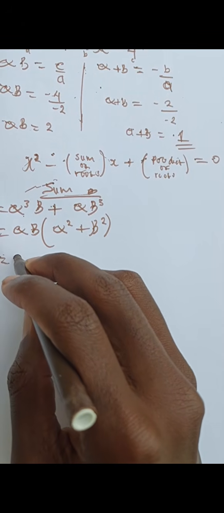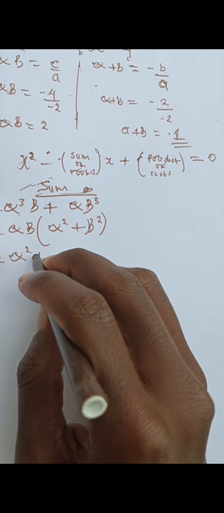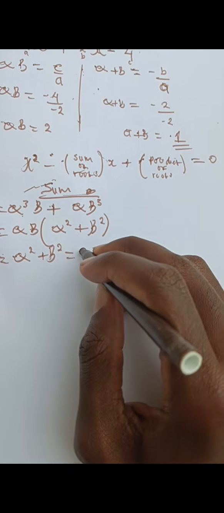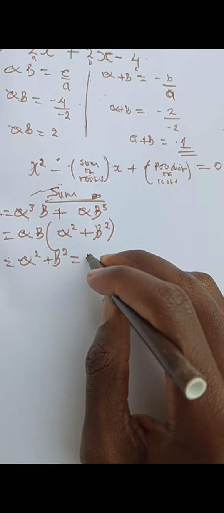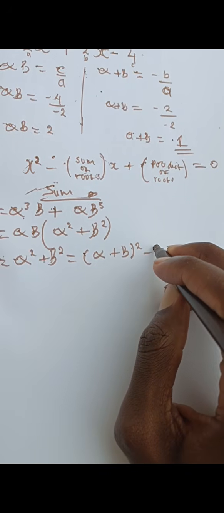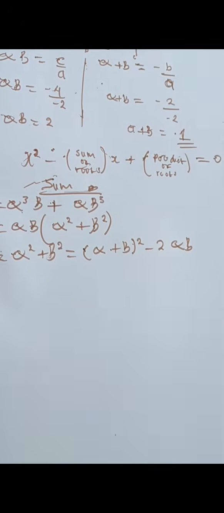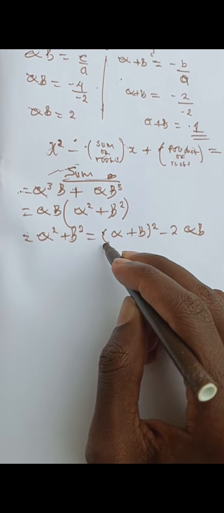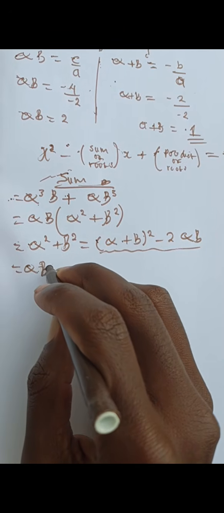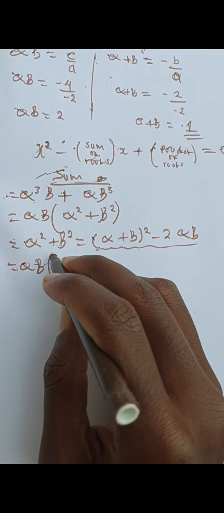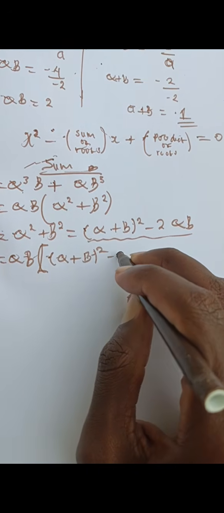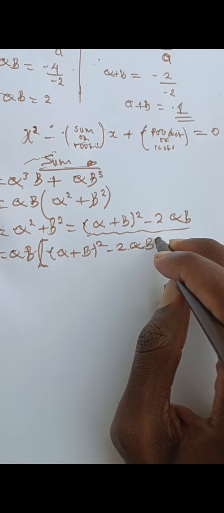Now, also remember that one identity, that wherever you have this, you can substitute with alpha plus beta power 2 minus 2 alpha beta. So we are going to substitute here this to my expression. Okay, so I'm going to say alpha times beta times alpha plus beta power 2 minus 2 alpha times beta.